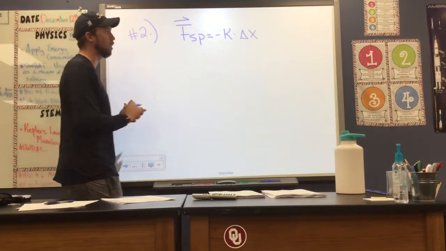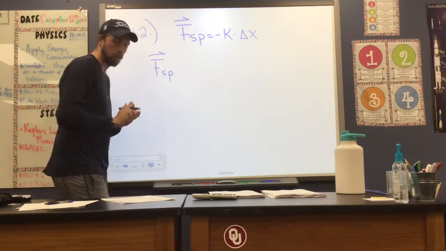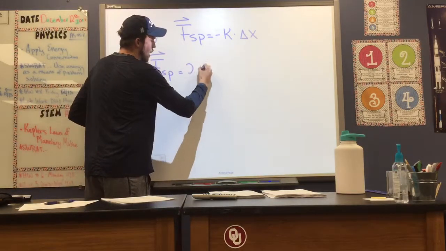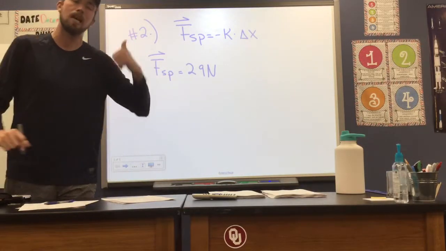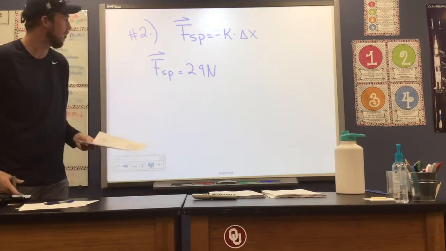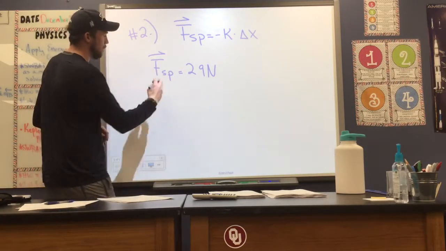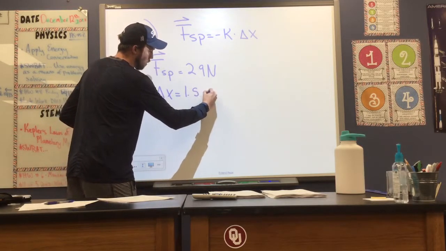So we're given some values here. We're told our force that we're applying onto the spring, I believe, was 29 newtons. As with the problem here, your numbers are going to be different on your assignment, but the process will stay the same. And then we're told the bands stretch 1.5 centimeters. Our delta x is 1.5 centimeters.